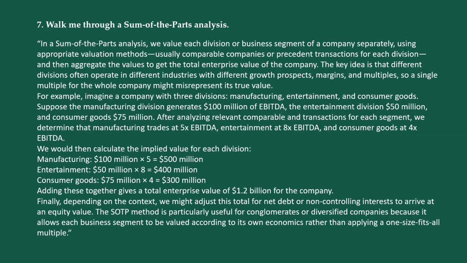Interdependencies also matter. If you are working on a sum of the parts analysis, you need to understand that there can be interdependencies between divisions. Maybe some divisions share cost or revenue, which must be considered when you are doing the analysis.